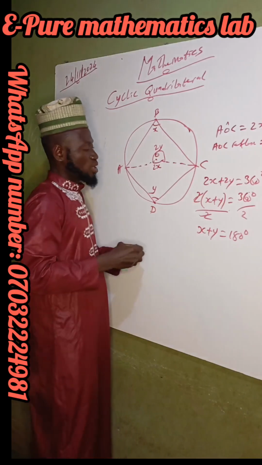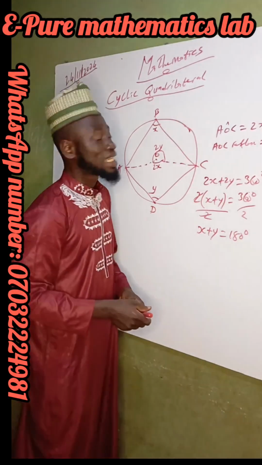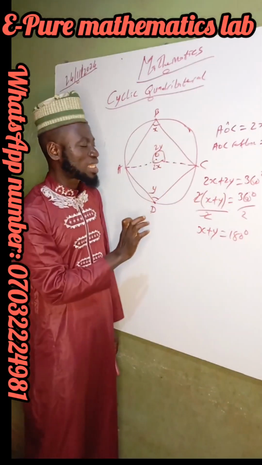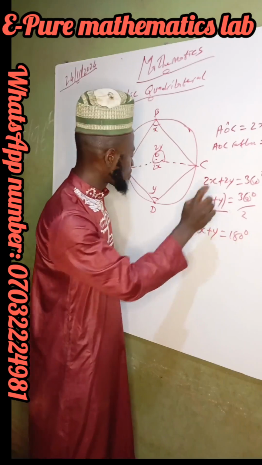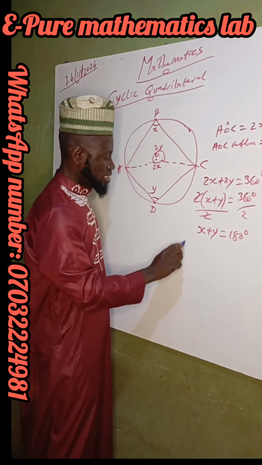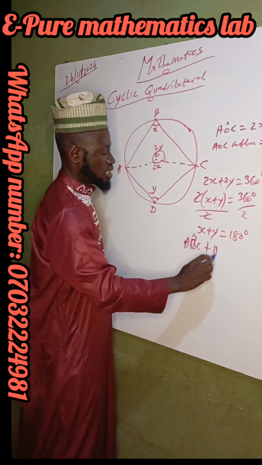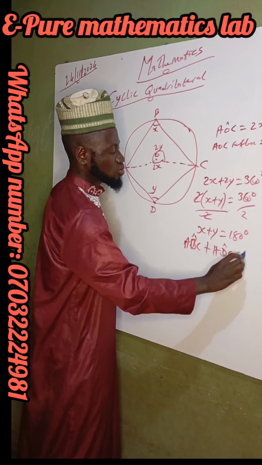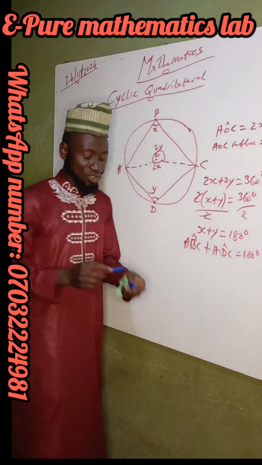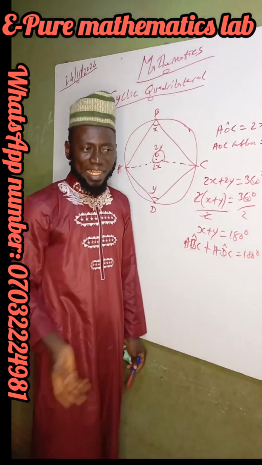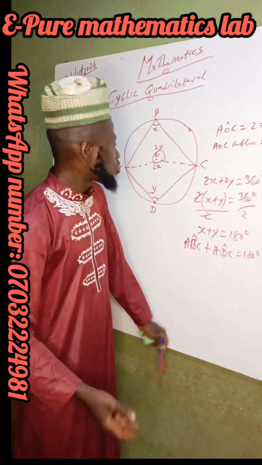And that is another theorem saying the opposite angles of a cyclic quadrilateral are supplementary. That's why angle ABC plus angle ADC equals 180 degrees. That's another theorem that tells us that opposite angles of a cyclic quadrilateral are supplementary.